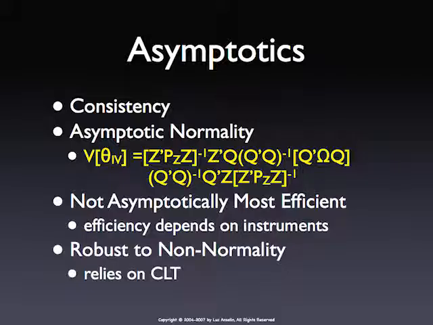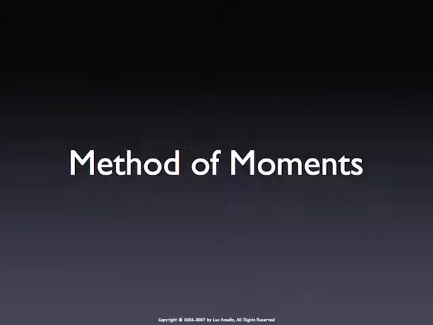So in a nutshell, what we have so far is that the problem is one of simultaneity or endogeneity. Some of our explanatory variables are correlated with the error term. We fix that problem by coming up with instruments that are not correlated with the error term and are correlated with the original variable.